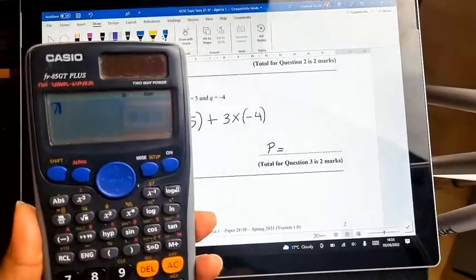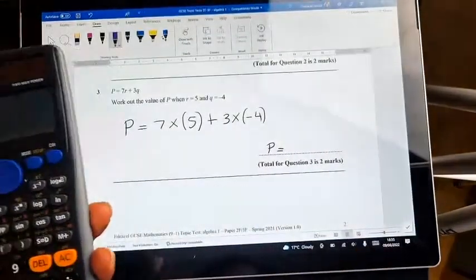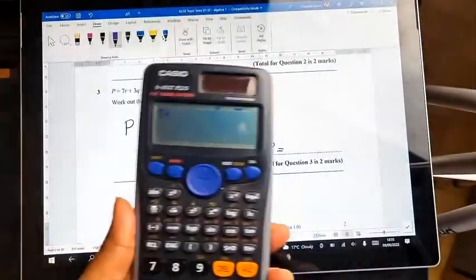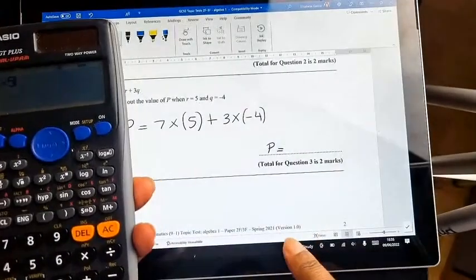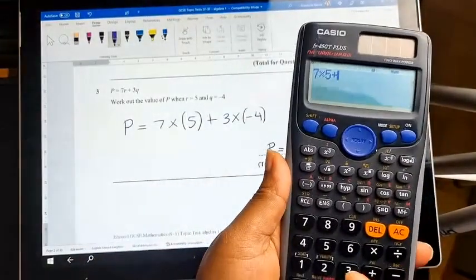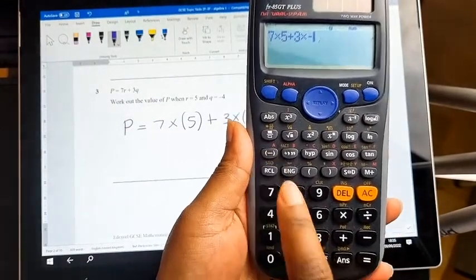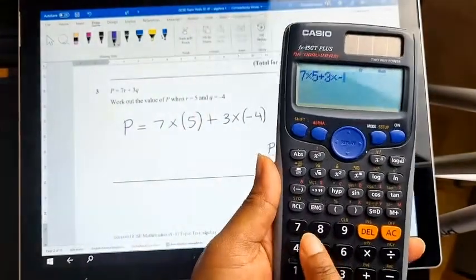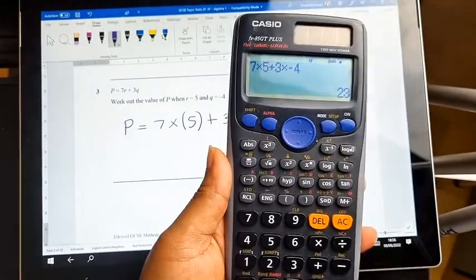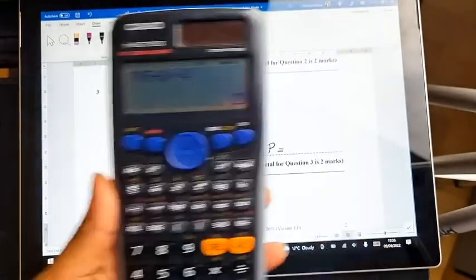I know you're very good with numbers, because otherwise you wouldn't be doing this paper. I want to make sure that you don't make any mistakes, especially with the minus. So you can use that minus, or you can use the minus here, and let the calculator solve. Okay, let the calculator solve.